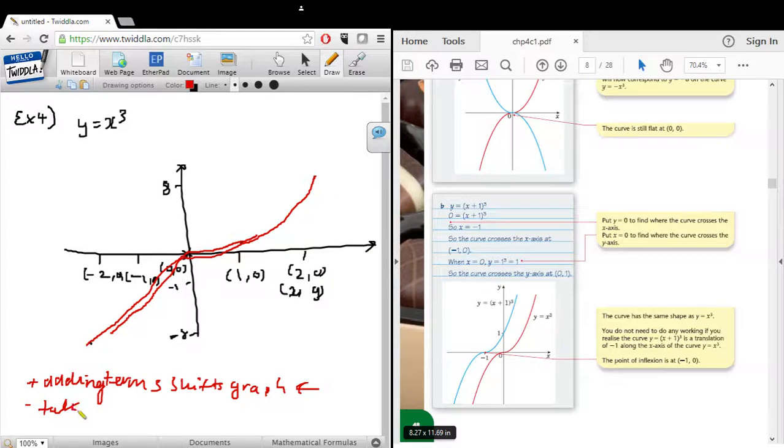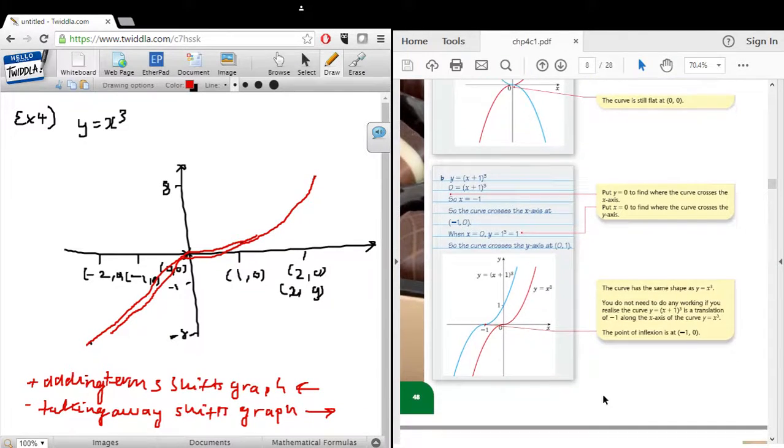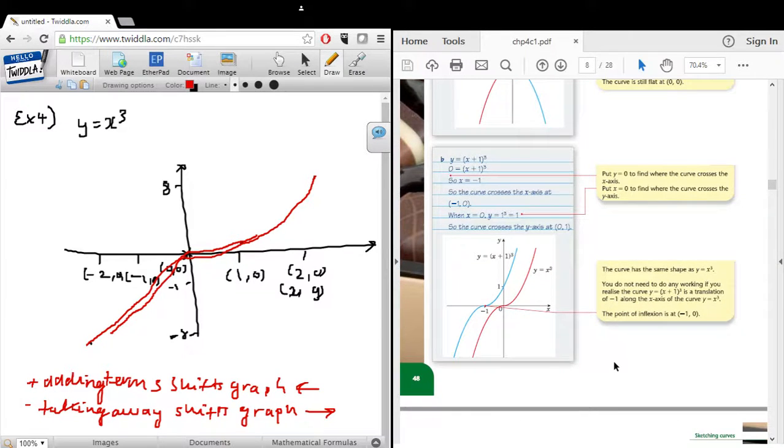Taking away, okay, shifts graph right. So it'll be the exact same style, structure, shape, but the coordinates will just have been shifted.